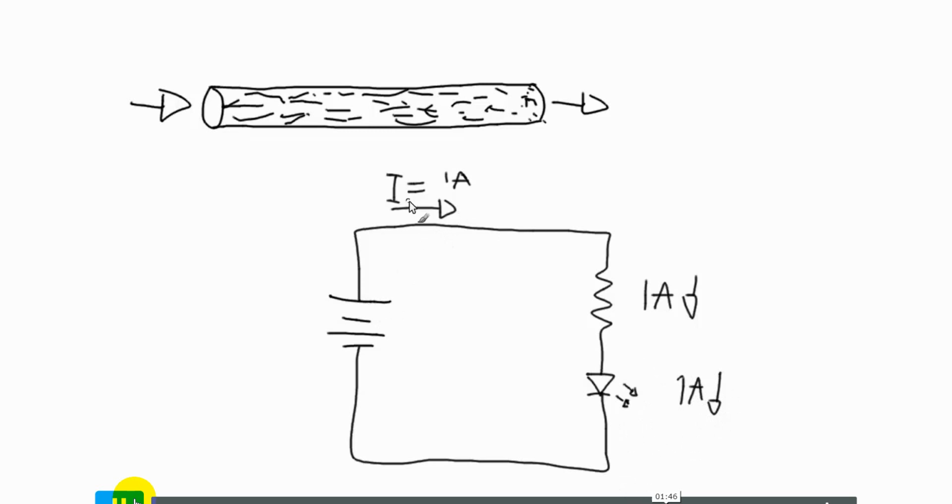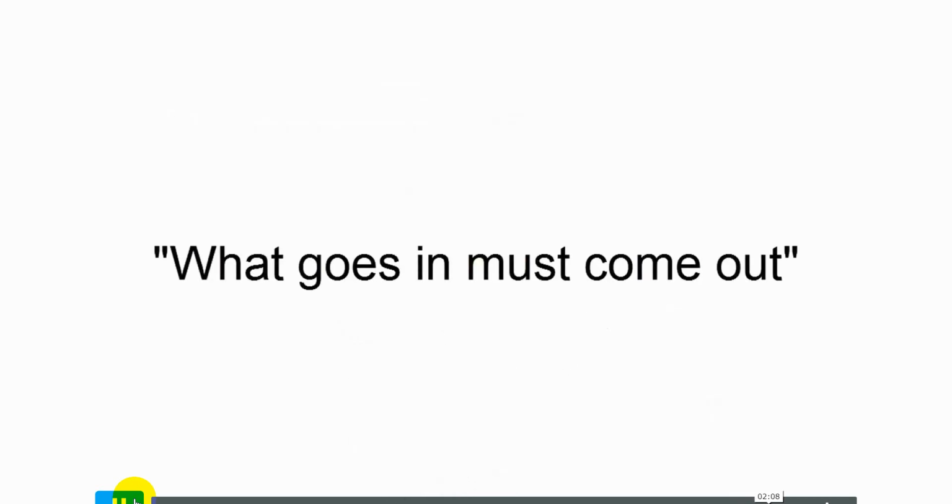We have 1 ampere going into the circuit here. It goes into the resistor. It goes through the resistor, it goes into the LED, it goes through the LED, and then it goes back here. Still 1 ampere because there's nowhere else for these amperes to go, and it goes back to the battery. So what goes in must come out.